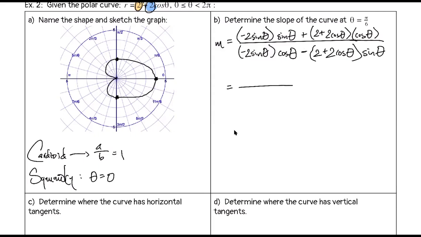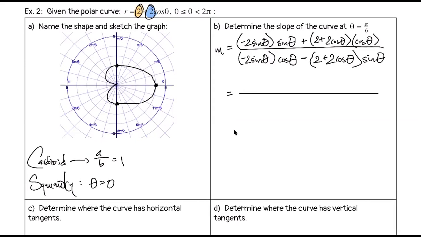Again, I think that most students tend to like plugging in the numbers, like your unit circle values, right off the bat, but you don't have to. You're welcome to kind of simplify. You'll get like a sine squared and a cosine squared. But I think it's harder if you're trying to find an actual number to simplify first, okay? So let's fill in all our unit circle values.